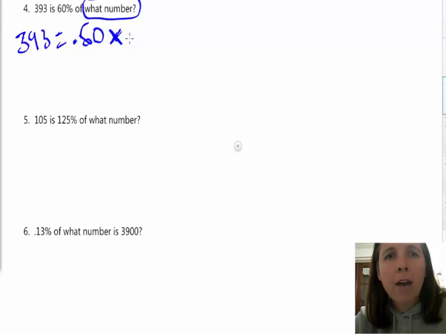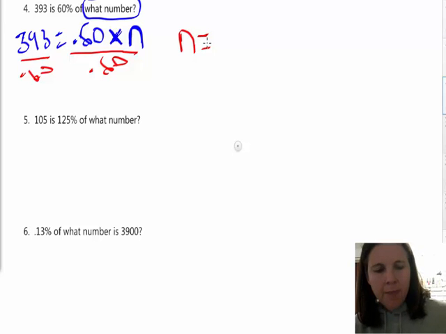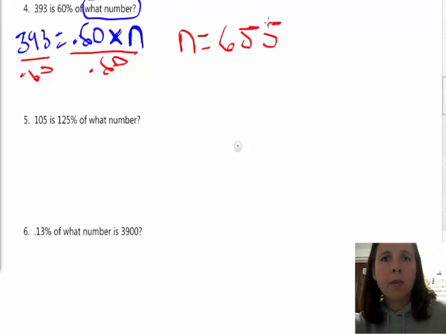So times, remember of is times, and then our variable N. So again, this is just a one-step equation, where we're going to divide by 0.60. So N equals 393 divided by 0.6, which is 655.